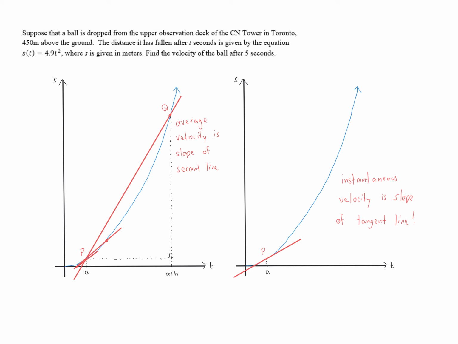And as we take that limit, if we look at the slopes of the secant lines, as we take the interval to be smaller and smaller, as this width gets smaller and smaller, the values that we get are closer and closer to the instantaneous velocity, to the slope of the tangent line, which we can't calculate because we don't have 2 points, so we can't do rise over run.